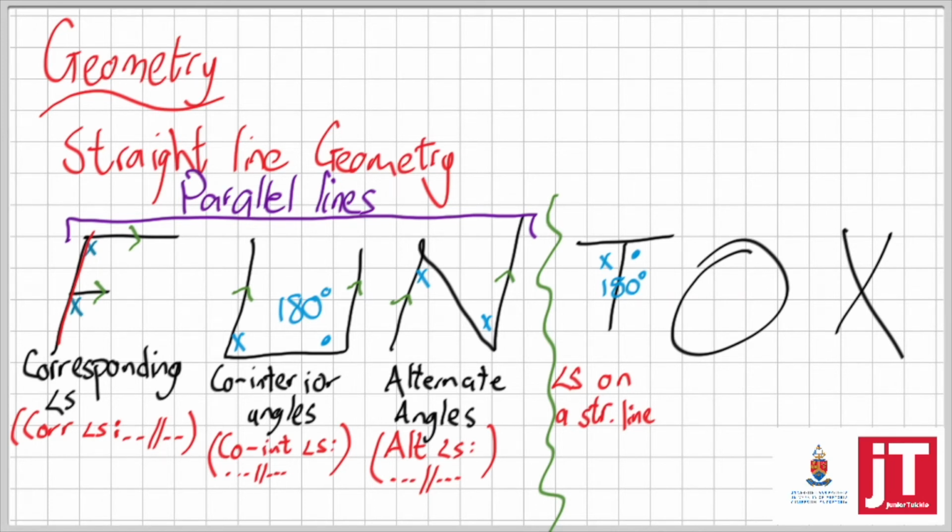Let's have a look at the O. The O, I think all of us know that if I've got a line and I've got a revolution, so from one side all the way around to that same point, no matter how many angles I put in, they've got to add up to 360 degrees.